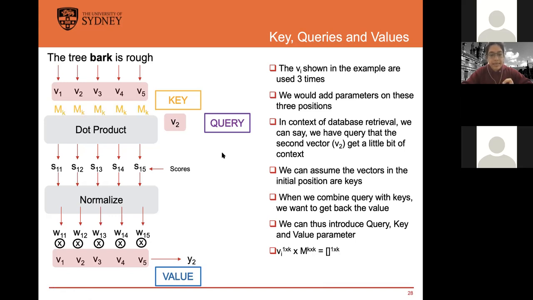So we can add these matrices, and these parameters can be learned from the model. Here we add the key matrices, this will be our query, and finally, this will be our value matrices. These are the weight matrices that we will be learning from the model.